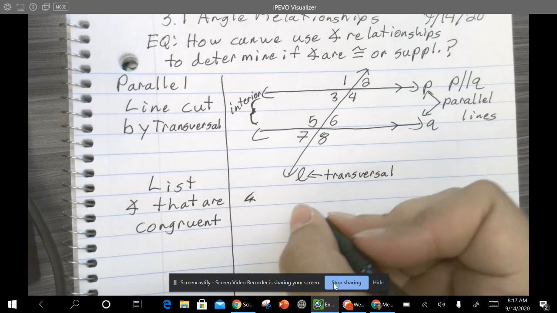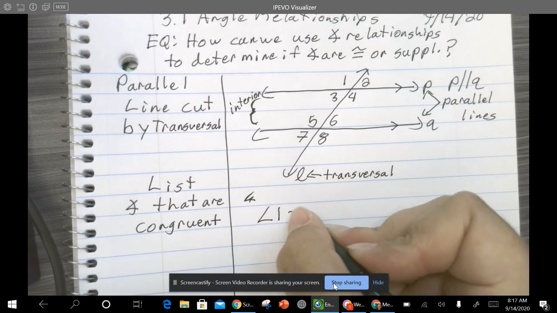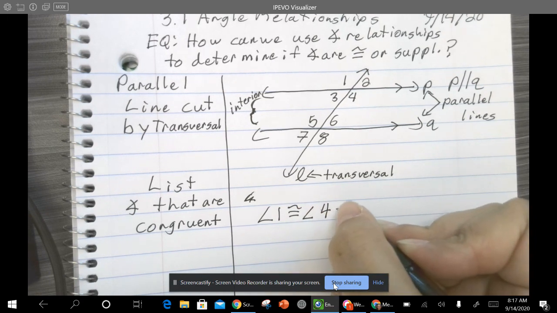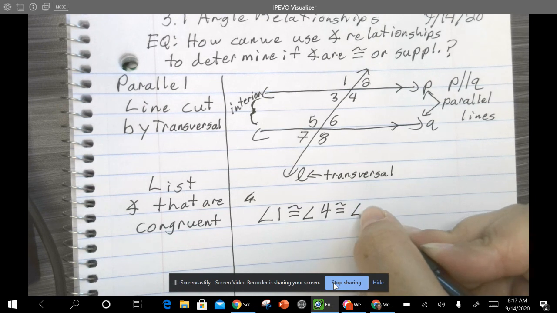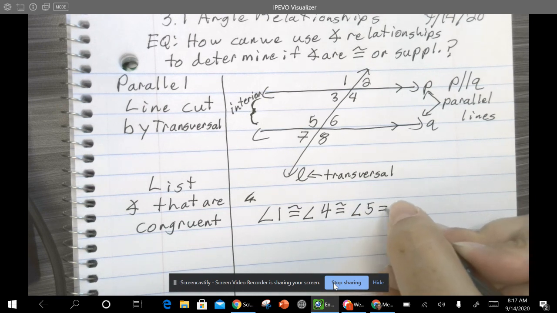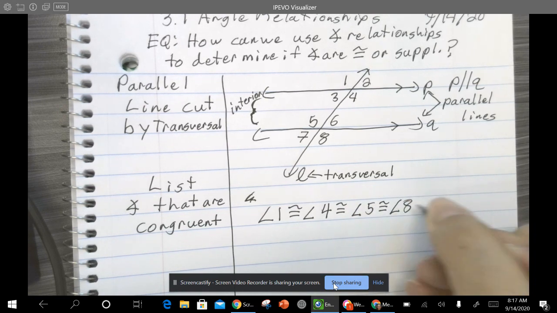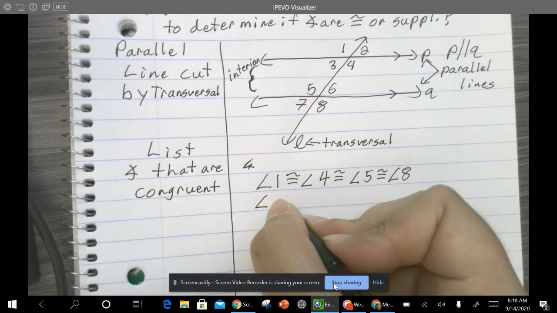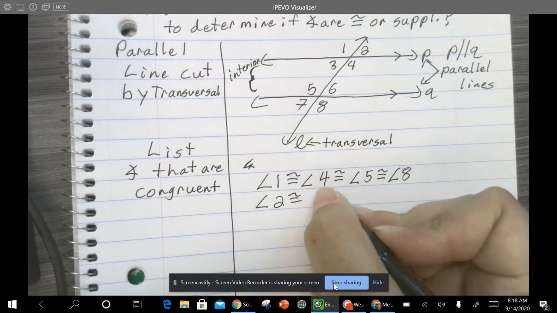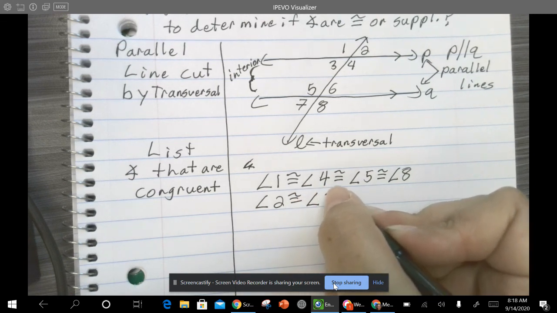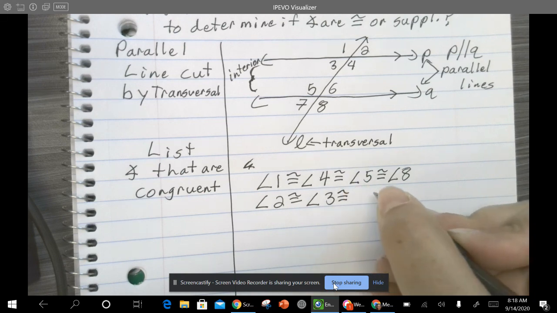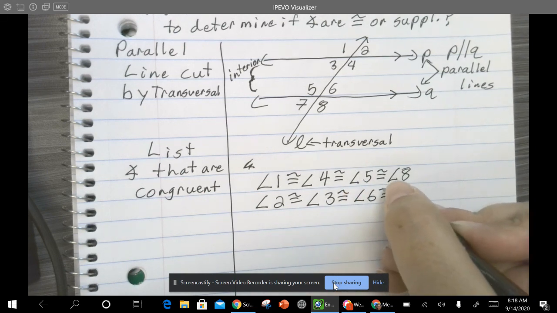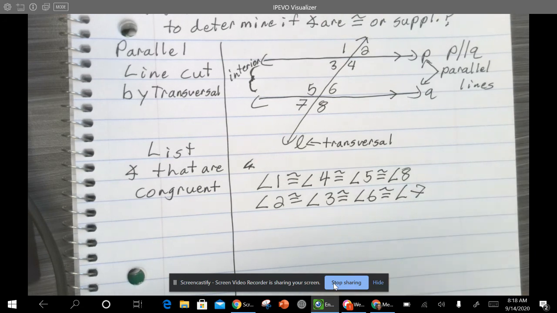So we're going to say angle 1 is congruent to angle 4, and it's also congruent to angle 5 and to angle 8. And we also have that angle 2 is congruent to angle 3, is congruent to angle 6. It's also congruent to angle 7.